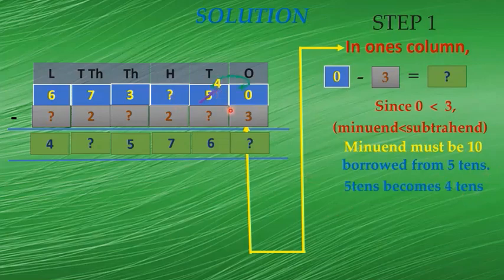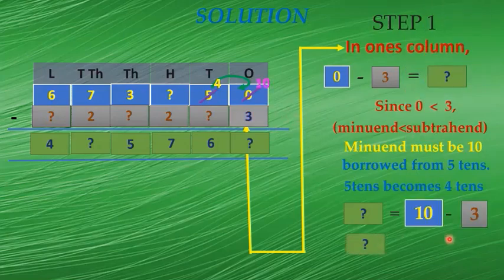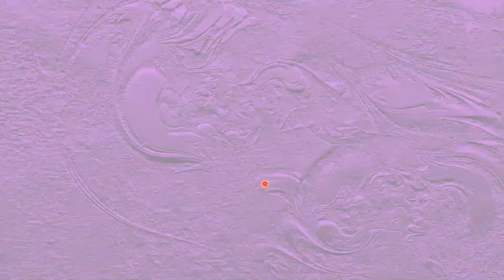So 5 tens becomes 4 and 0 becomes 10. Now the question mark is equal to 10 minus 3, which is 7. So 7 will come, occupying the ones place. We have found that the ones column is over now. Yes, children. Now let us go to the next step.